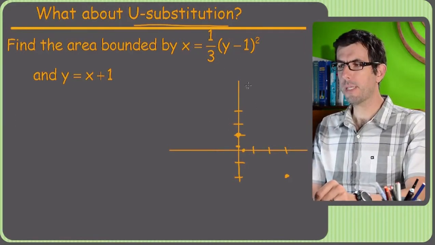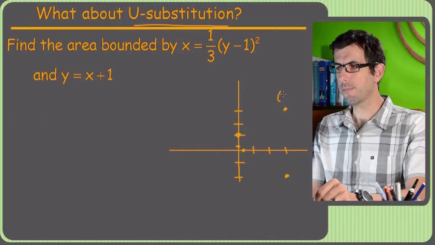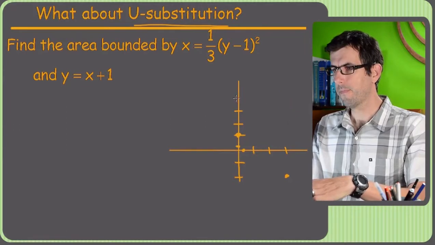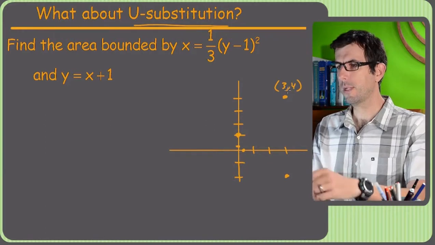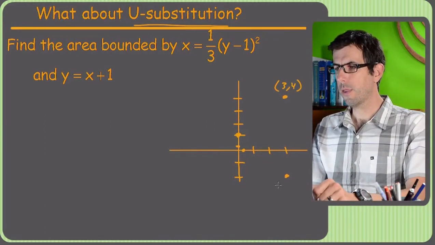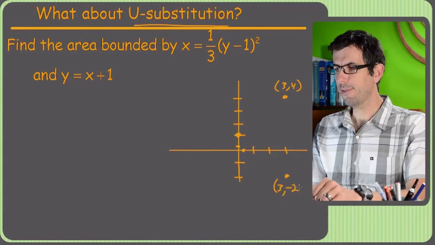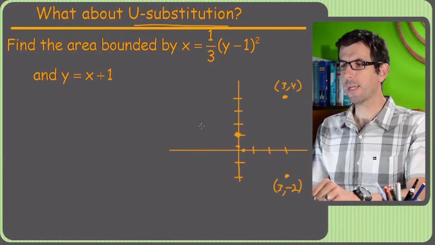So that 1/3 kind of messes with us. It makes the whole numbers hard to come by. But the real point is I've got 3 comma 4, and I've got 3 comma -2, and I've got my vertex.